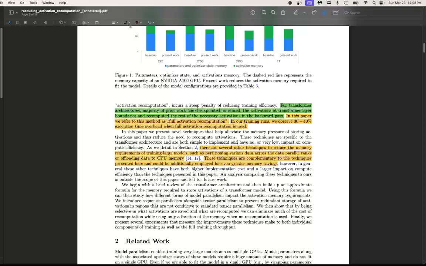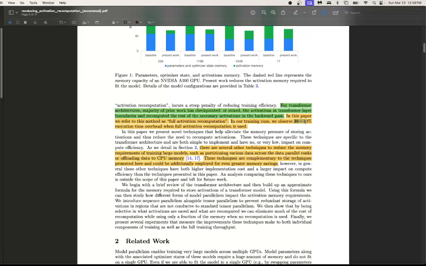One technique, called full activation recomputation, or full AC, means that for all layers in the whole model, we only store the input activations to those layers. We do not store any of the intermediate activations needed to compute the gradients. Then during the backward pass, we use that input activation to recompute those intermediate activations as necessary so we can compute the gradients. So we're completely minimizing what we store during the forward pass, and that allows for more free memory so that we can train larger models.